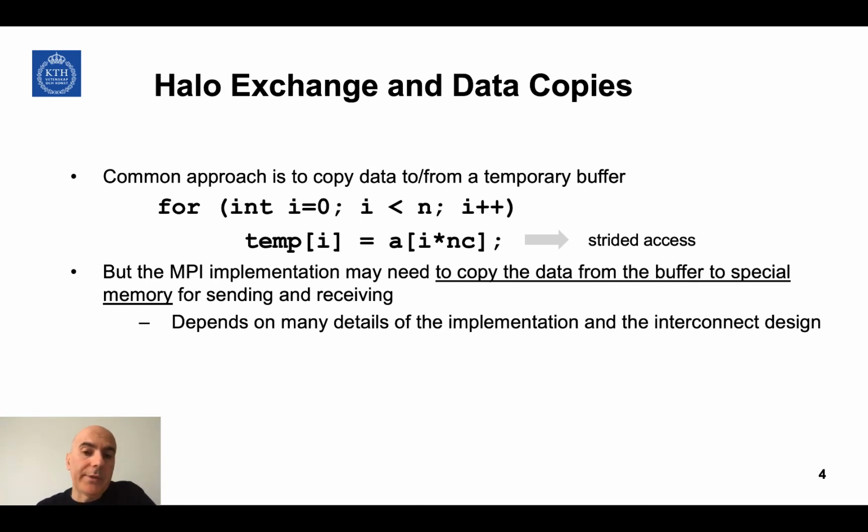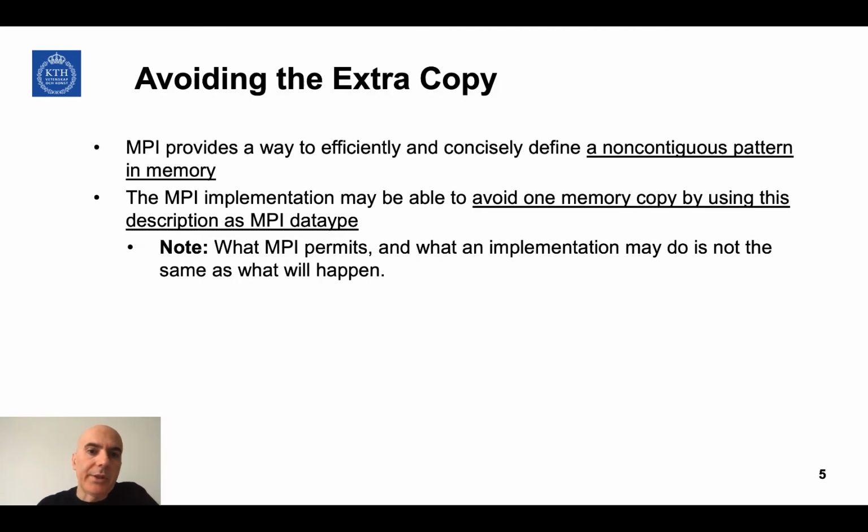But we saw in the previous lecture that MPI uses extra buffers for the communication. So MPI provides a neat way to efficiently and concisely define non-contiguous patterns in memory via MPI data types. So the MPI implementation might be able to avoid one memory copy by using this description as MPI data types.